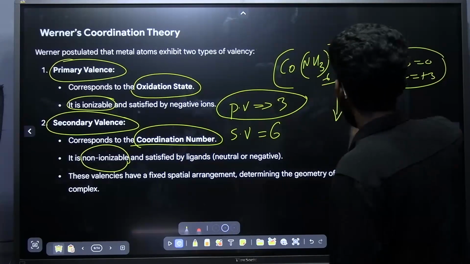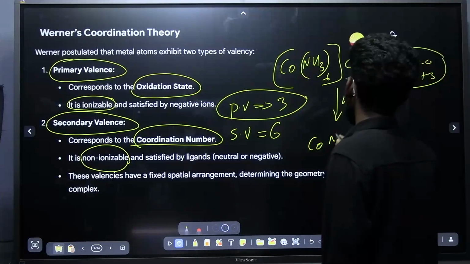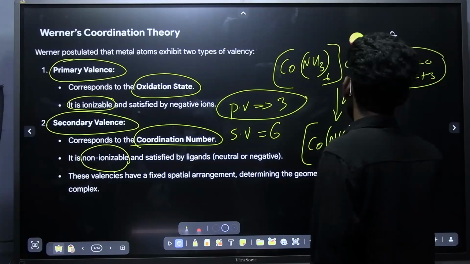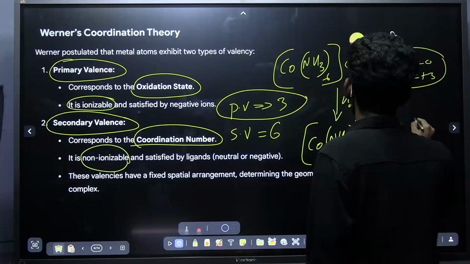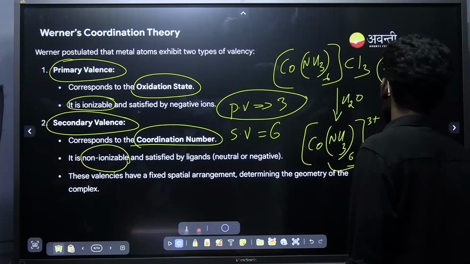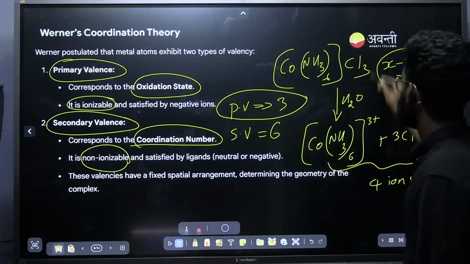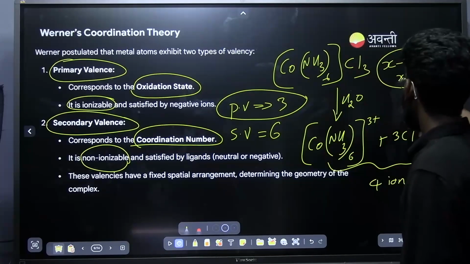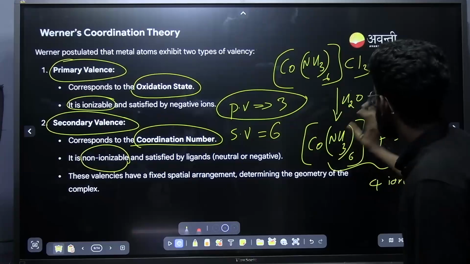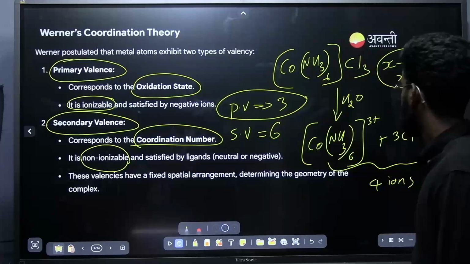How can we verify that it is ionizable? If I add water to it, you will be getting [Co(NH3)6]3+ plus 3 Cl minus, which means you got a total of 4 ions in water. The chlorine will be dissociated and you will be getting 3 chloride ions, and the ligands inside the coordination sphere are not broken because they are stable.